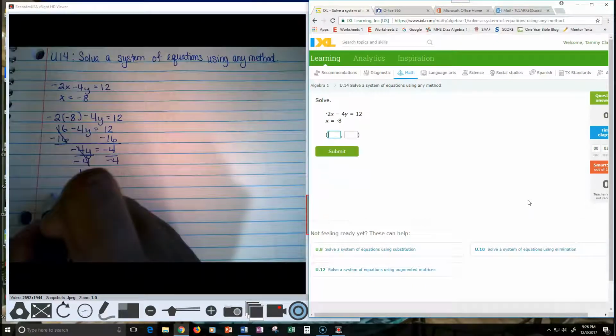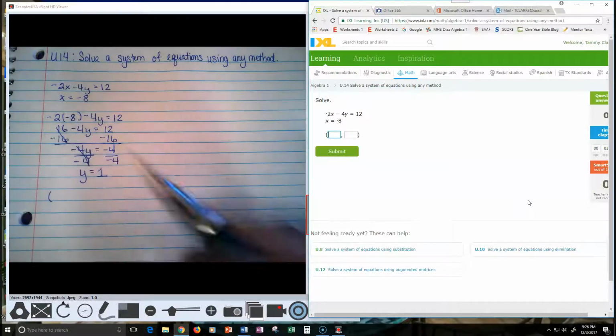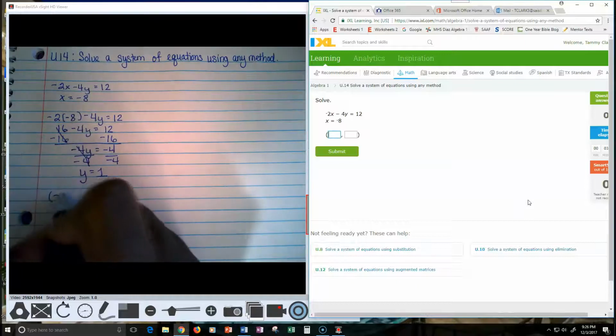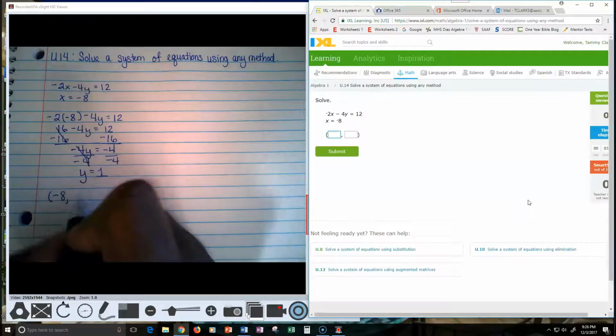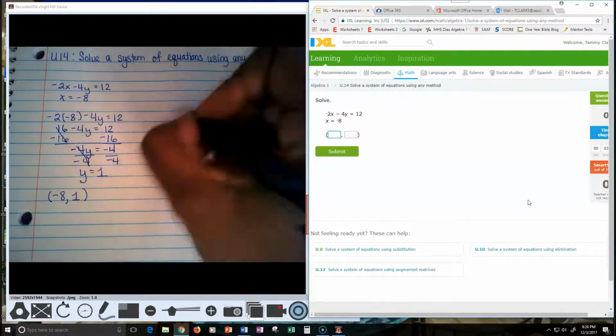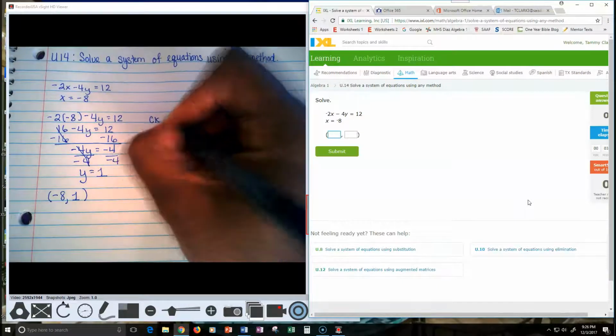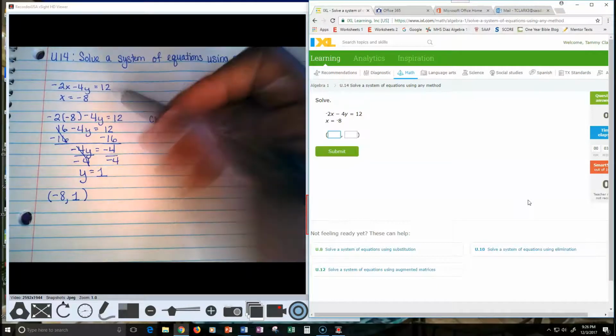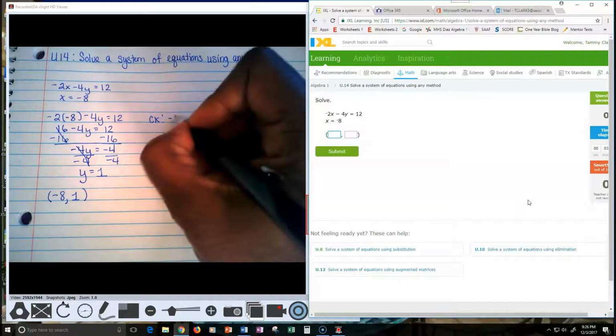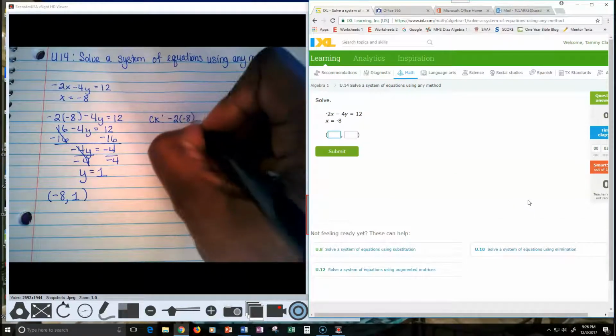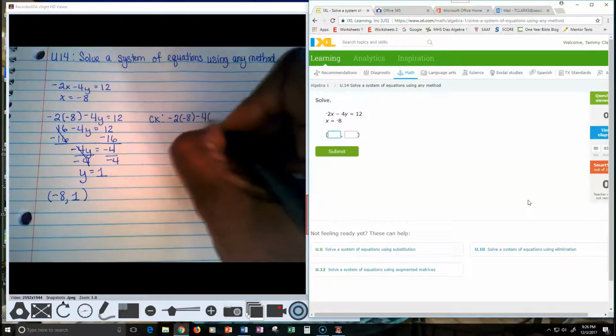So we know that our ordered pair then would be negative 8 and positive 1. But of course, we want to check it. So let's check by substituting both values into the original equation. So we have negative 2 multiplied by negative 8 minus 4 multiplied by 1.